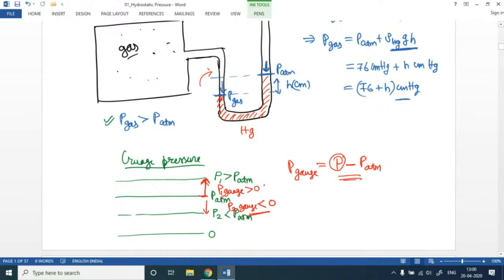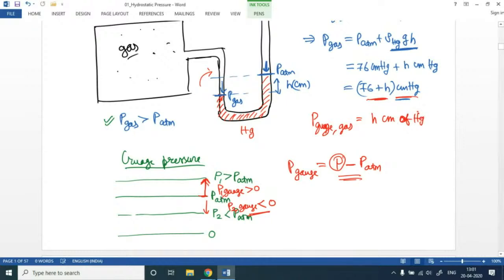It is very important to understand that whenever we are calculating gas pressure, in this device we are basically measuring h. If the absolute pressure of gas is 76 plus h centimeter of Hg, the gauge pressure of gas will simply be h centimeter of Hg.